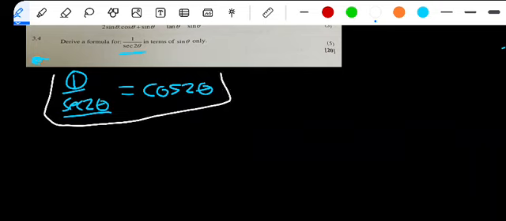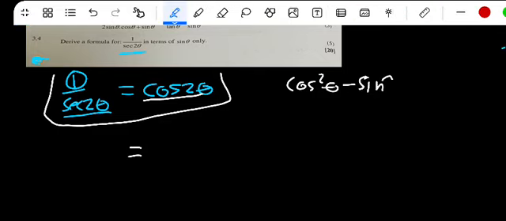Now what can we do? We have cos 2 theta. What is cos 2 theta? Cos 2 theta has 3 forms. Remember, it has cos squared theta minus sine squared theta.